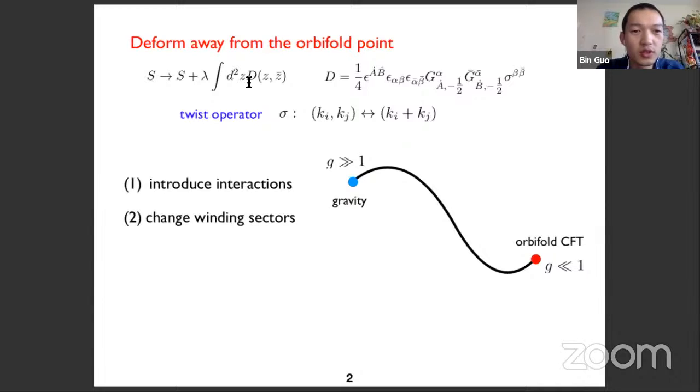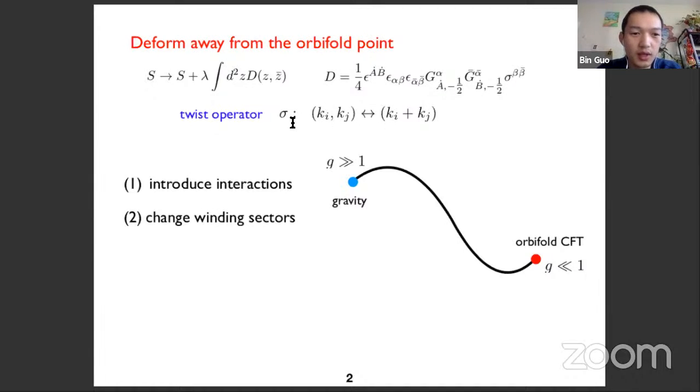We can add a deformation operator D to the orbifold theory. In the deformation operator D, we have the G and G bar surrounding the twist operator sigma. This twist operator can join two strings into a long string or break a long string into two short strings.